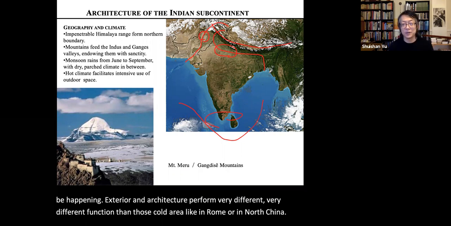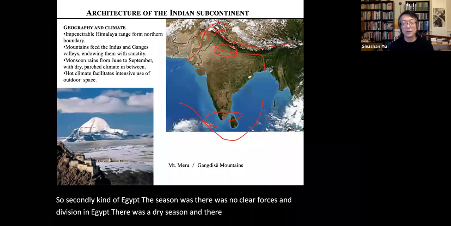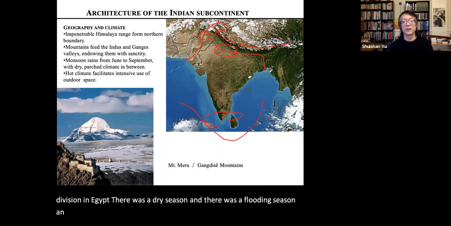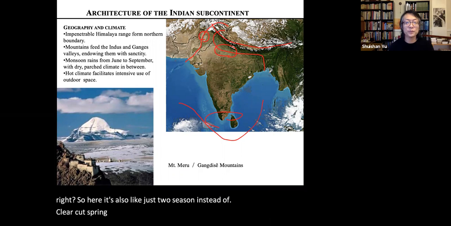And secondly, kind of like Egypt, there was no clear 4-season division. In Egypt, there was a dry season and there was a flooding season. And in India, there was the monsoon season and there was the dry season. Right? So here, it's also like just 2 seasons instead of clear-cut spring, summer, autumn, and winter.